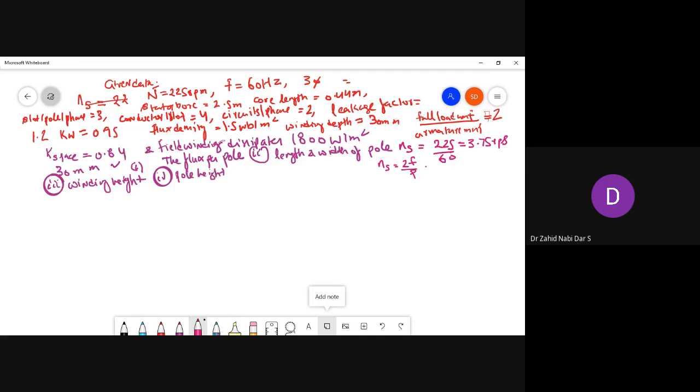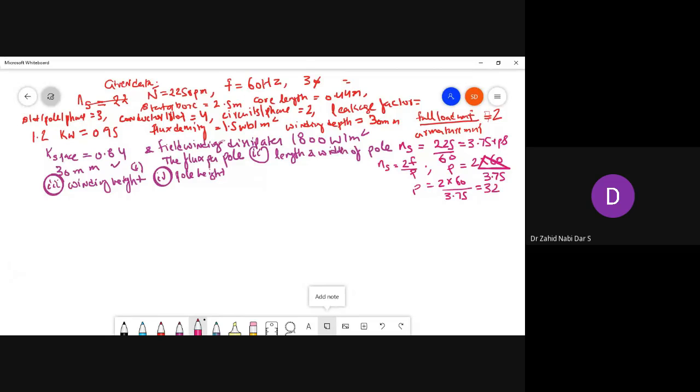So the number of poles, p, would be equal to 2f, f value is 60, divided by ns, 3.75. That happens to be the number of poles. If you approximate, the value is 32.